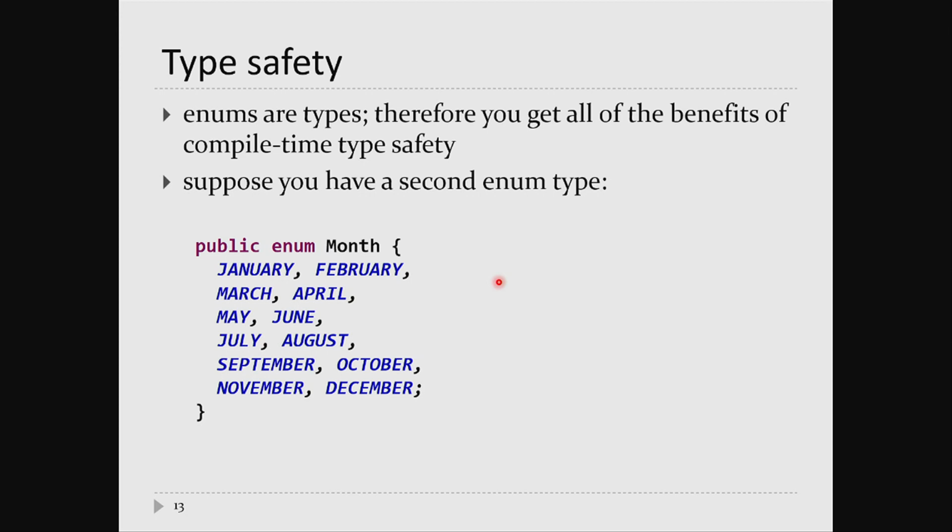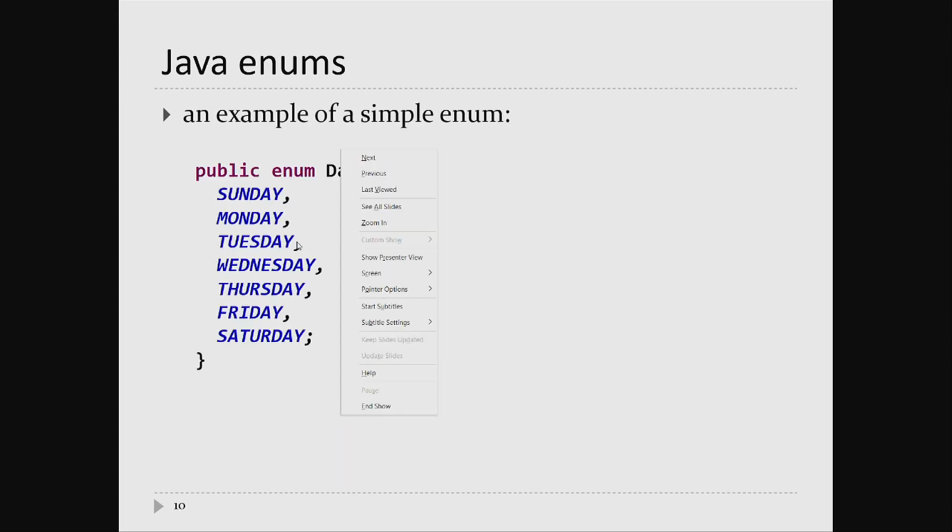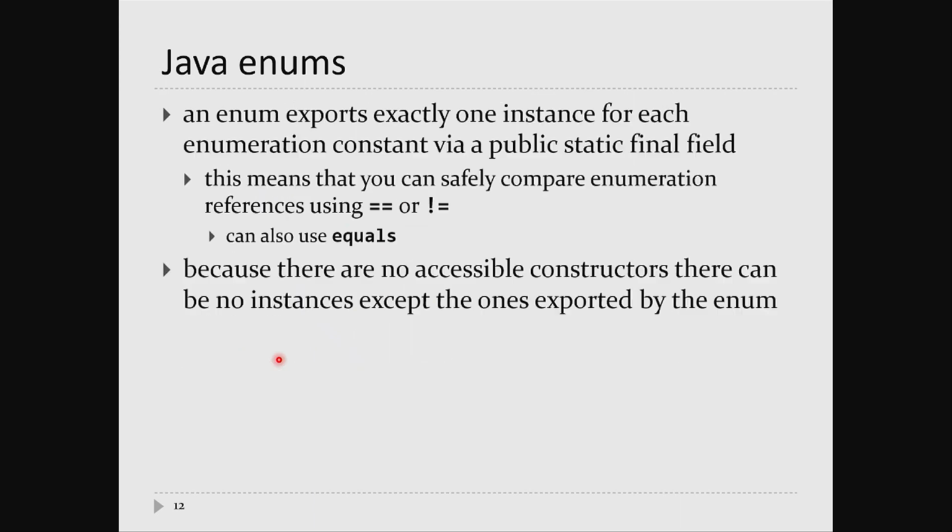But now you can write a method that takes in a big M Month, and it will only accept one of these objects that are listed in the enumeration. You can write a method that only takes in a big D Day, and it will only take in one of those objects. If you try to pass it anything else, the compiler will tell you that's not a month or a day.